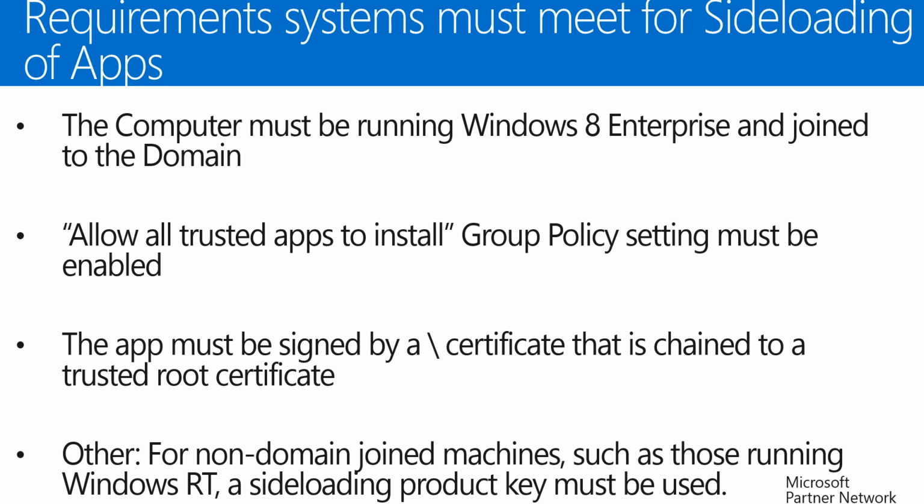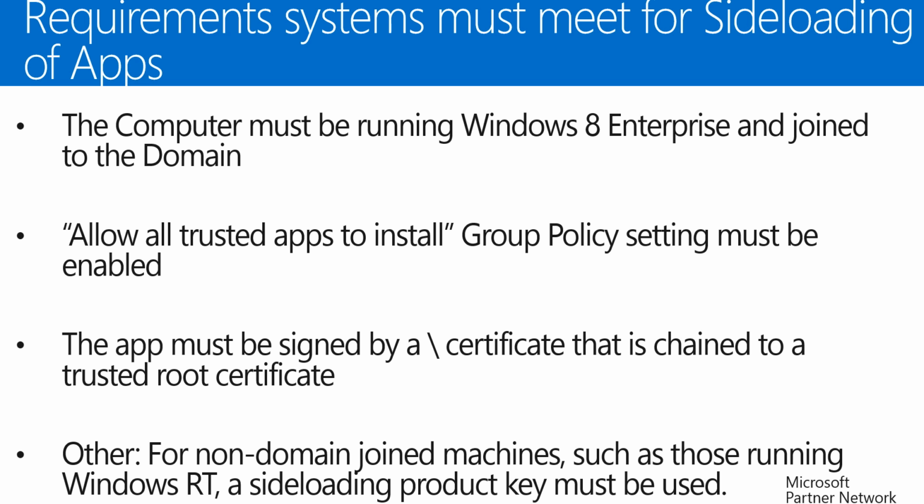We have certain requirements which the systems must meet if they want to include sideloading of applications. So what are the requirements? First of all, the computer running the application must be Windows 8 Enterprise and joined to the domain. In such a case, you'll have to enable the group policy setting, which is allow all trusted apps to install.